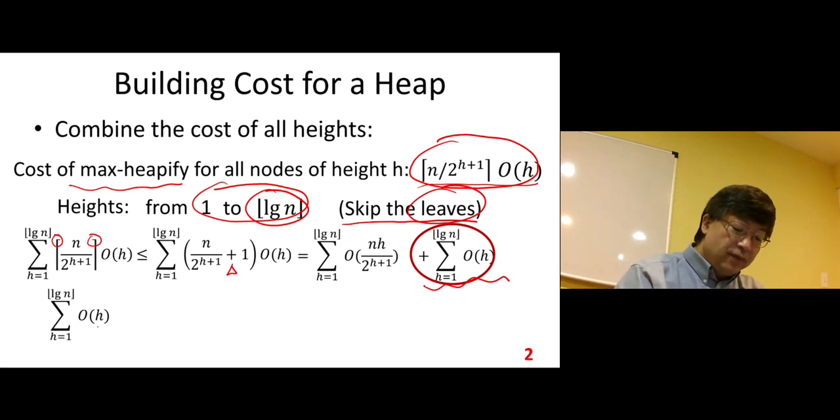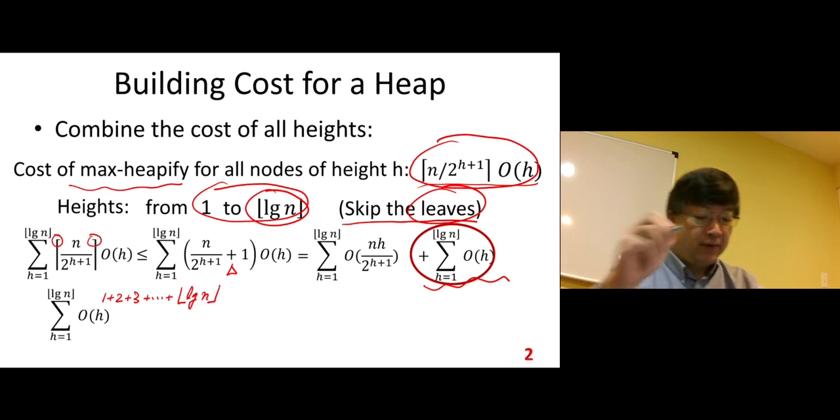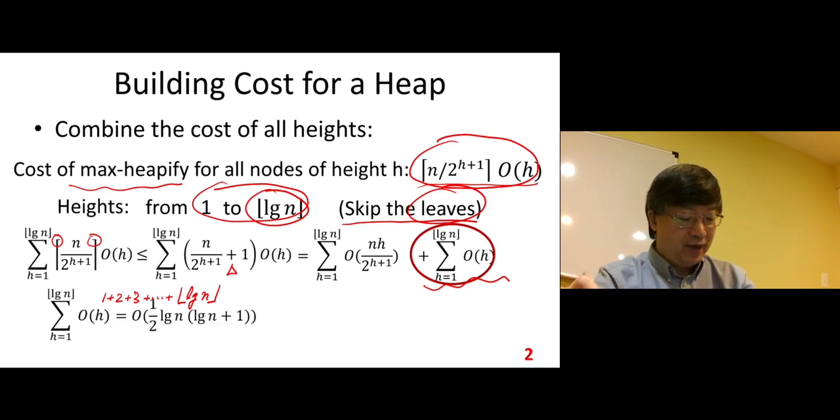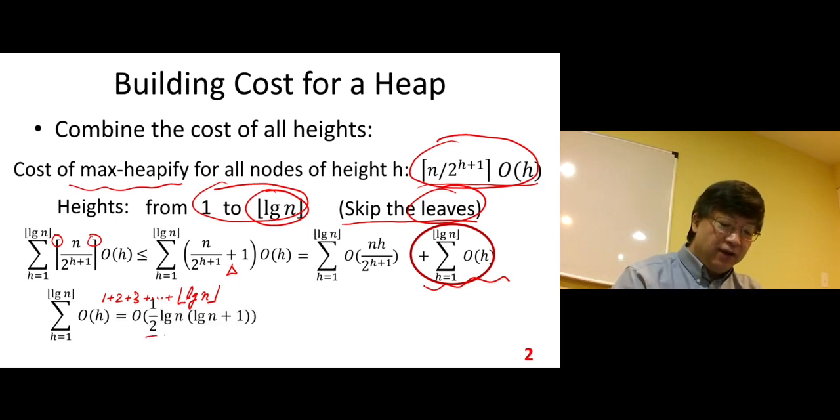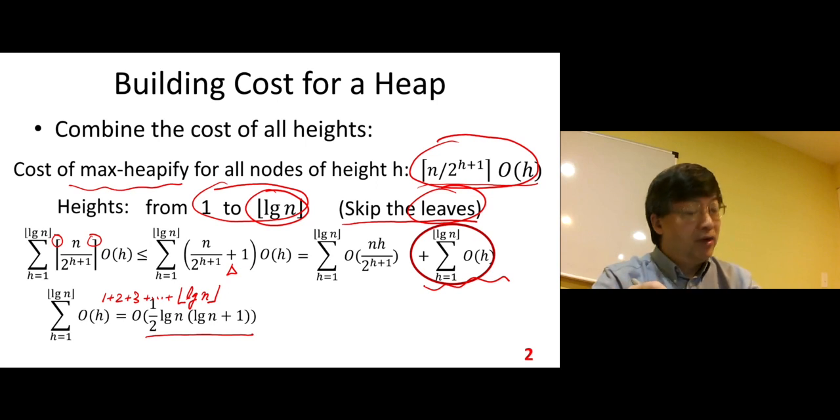The second term is the summation of h from 1 plus 2 plus 3, all the way to the last integer, that is the floor of log of n. Thus we can apply the well-known formula.